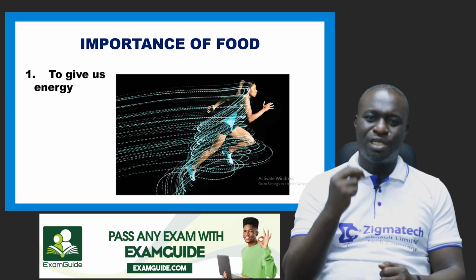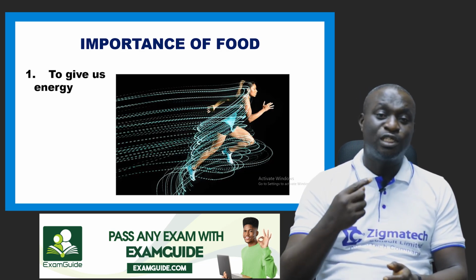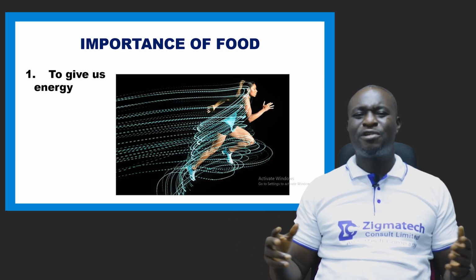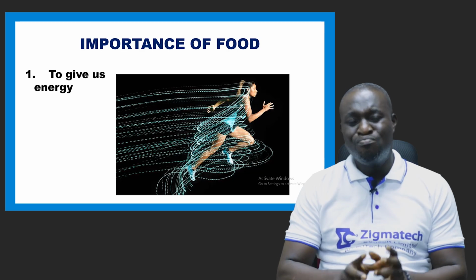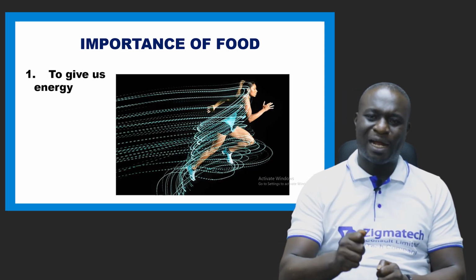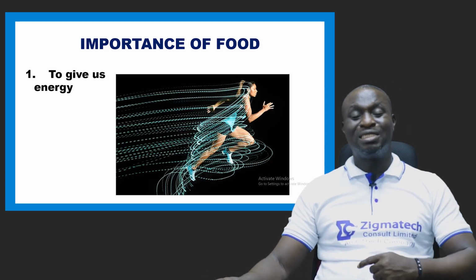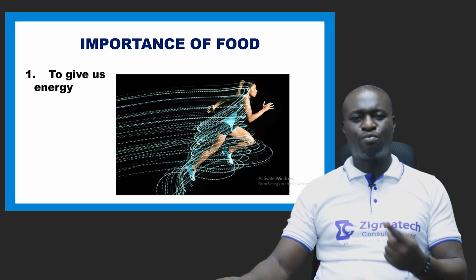Energy is needed to teach. Energy is needed to drive your cars. Energy is needed to even cook the food. Energy is needed in every of man's activities. And so, one of the major importance of food is to provide the body with what? Energy. Energy to carry out daily activities, or you can say carry out metabolic processes.